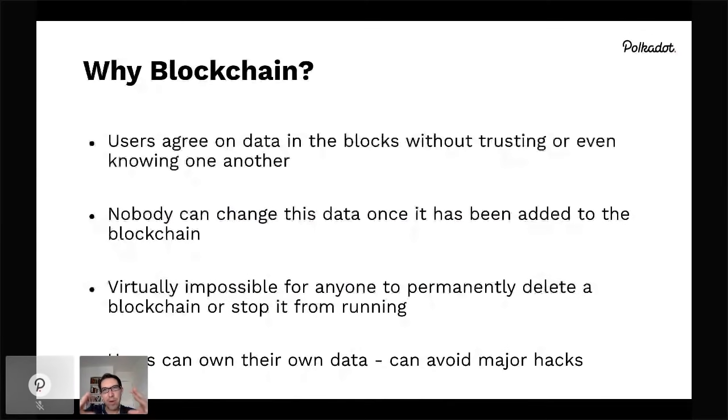So that's from a very high level what it does. But why would a user care about blockchain? Well, one of the really cool things about this is that all of the users on the network can agree on what's in the blocks without trusting each other or even really knowing each other. So you can have this trustlessness.